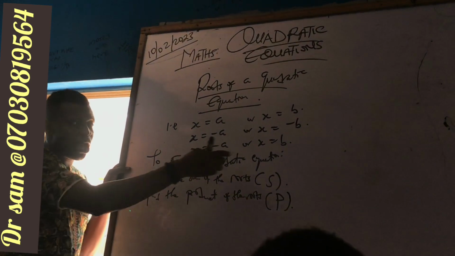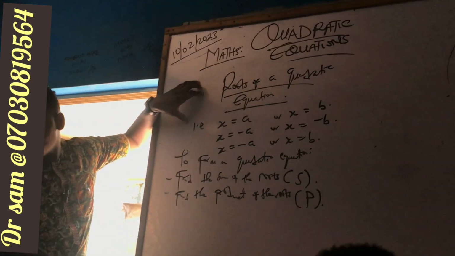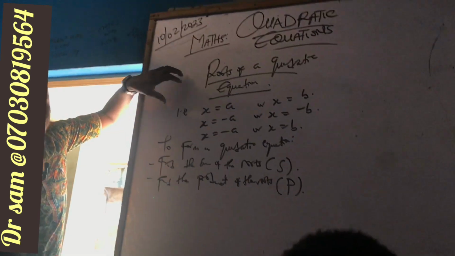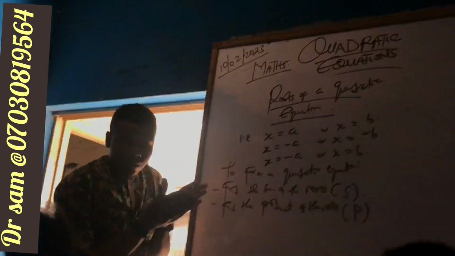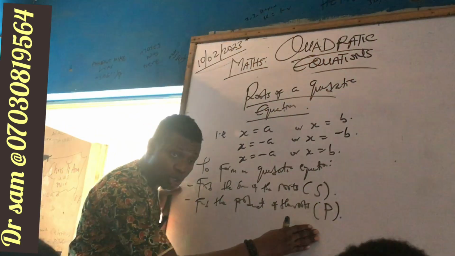You want to form a quadratic equation from a given root. First of all, find the sum, the addition of the two roots. Secondly, multiply the two roots, the product.